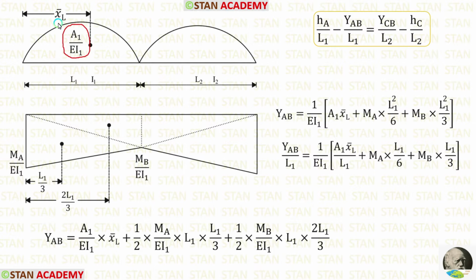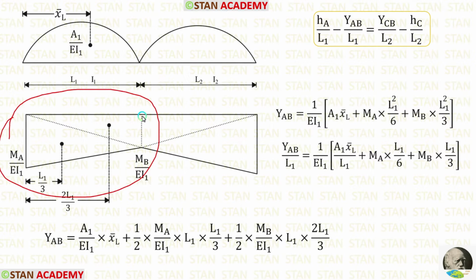The centroid we do not know, so let us keep the centroid as x bar left because we are calculating the centroid on the left side. When we multiply the area with the centroid, we get this. In this diagram, for the span AB, let us separate it into two triangles by the dotted lines.